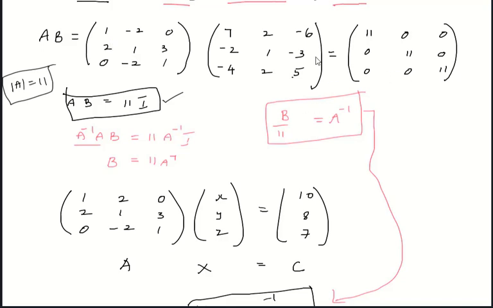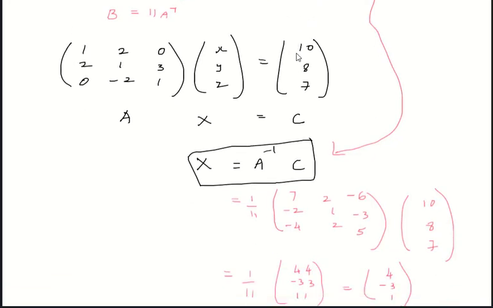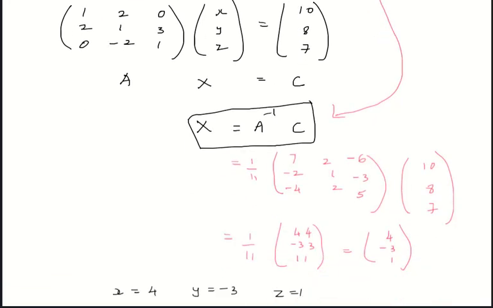You need not multiply. Just find the determinant of A, and if I multiply AB, it will be determinant A into the I matrix. It will not consume much of your time. Otherwise, find A inverse using this and substitute it. A inverse is B matrix by 11 into C to get the answer. Is it clear?